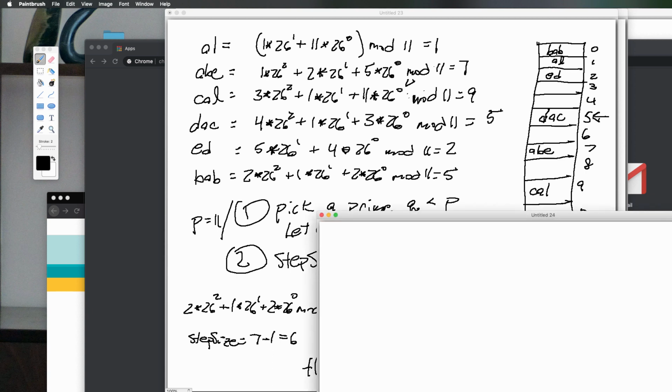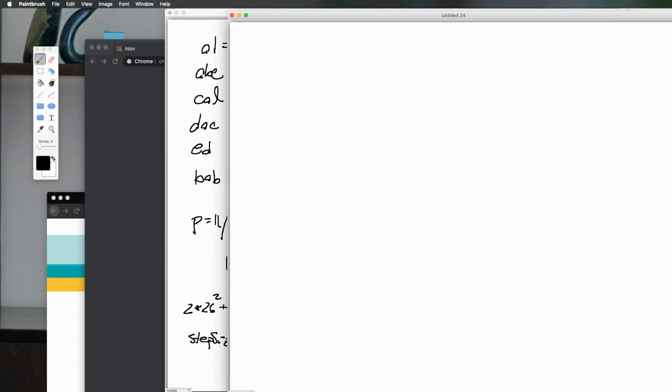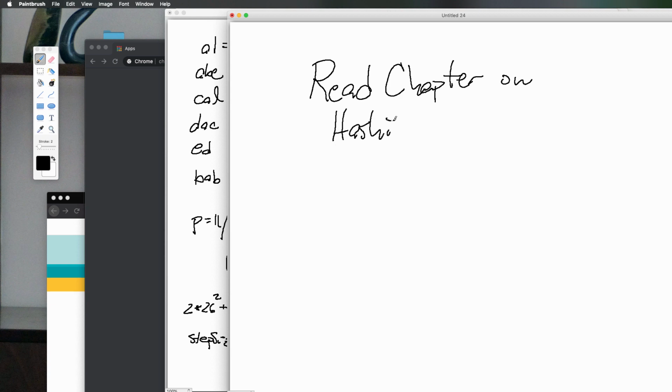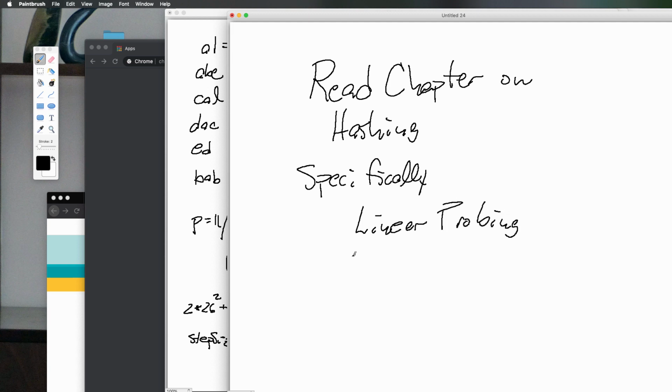I will finish it up like this. Okay, read the chapter on hashing. Okay, specifically linear probing, quadratic probing, and rehashing.